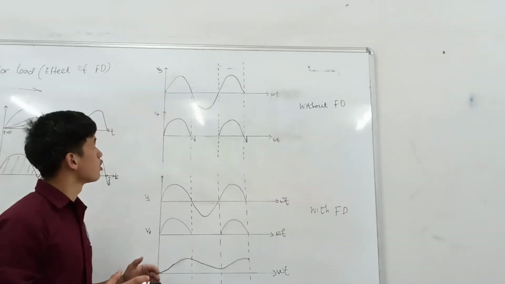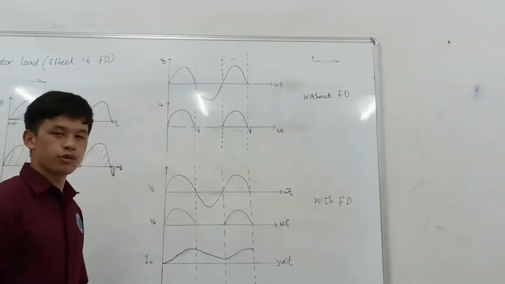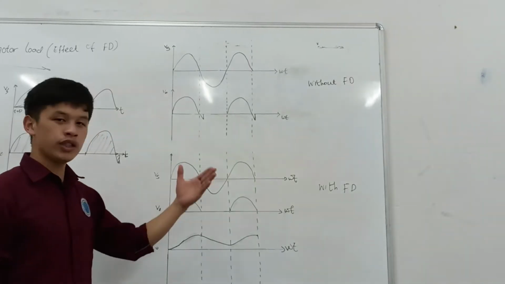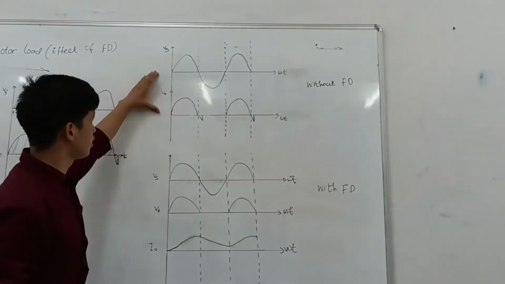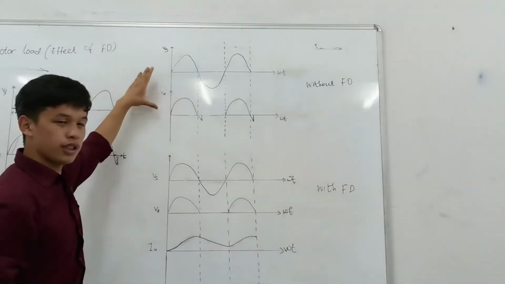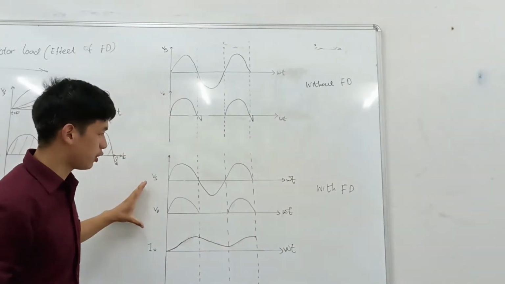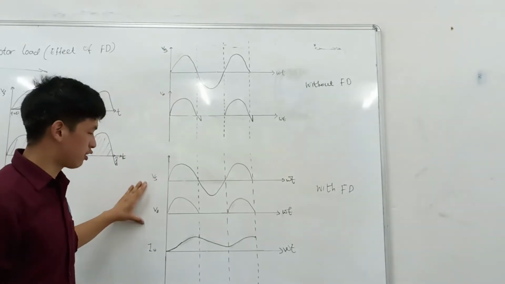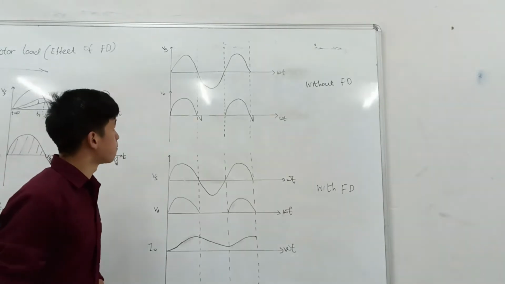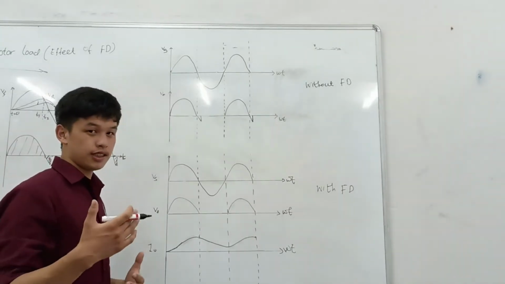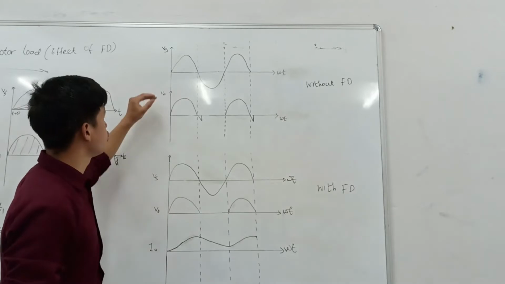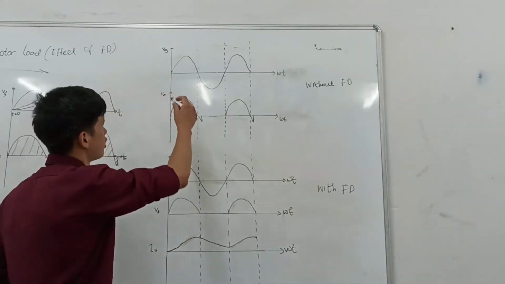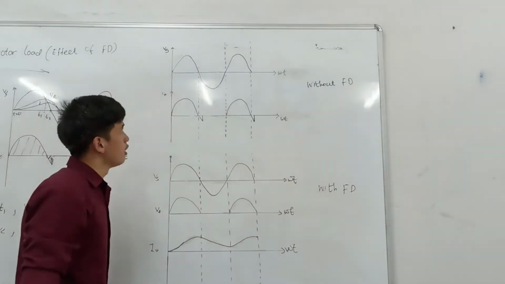Now we will look into the output waveform of a single phase half wave uncontrolled rectifier with and without the freewheeling diode. This is the waveform without the freewheeling diode, whereas here we have the output waveform for the single phase half wave uncontrolled rectifier with the freewheeling diode. In the circuit we have given the input as a sinusoidal AC, and this is the input wave.